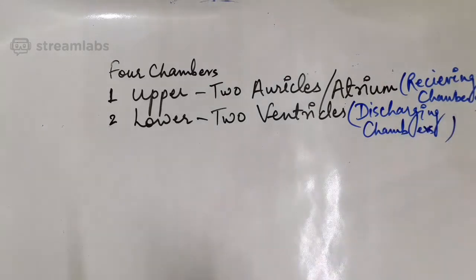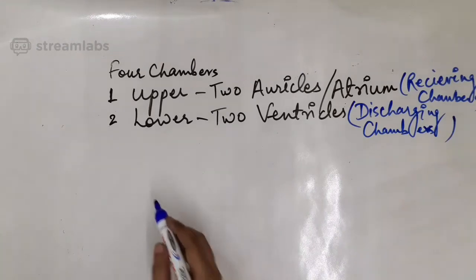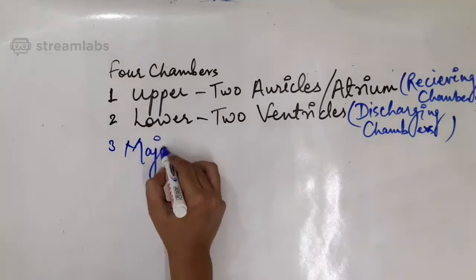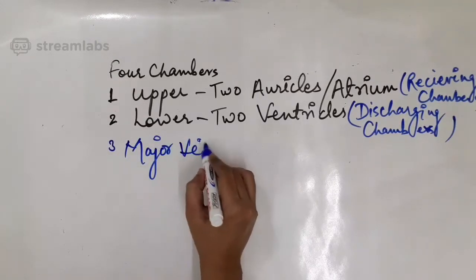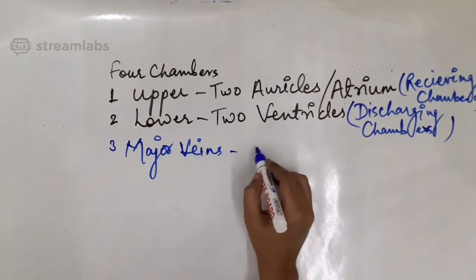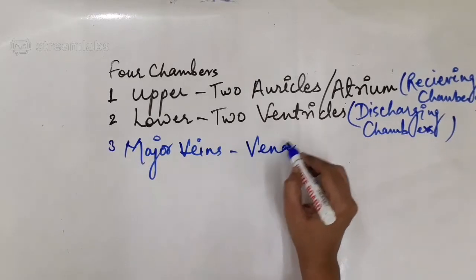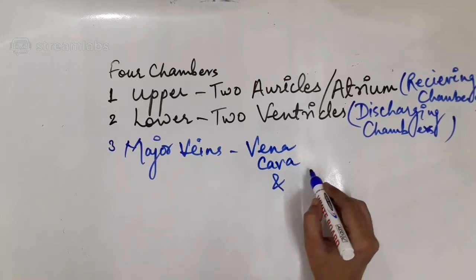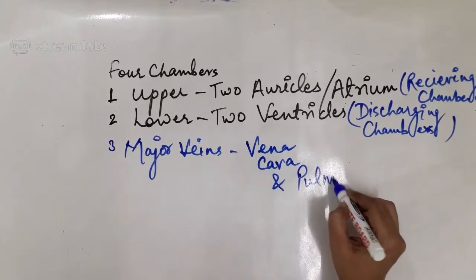Okay, then we discussed about major veins. Major veins are the Vena cava and pulmonary vein.